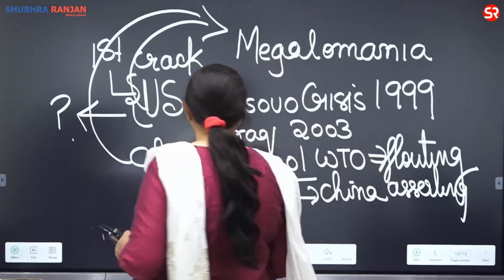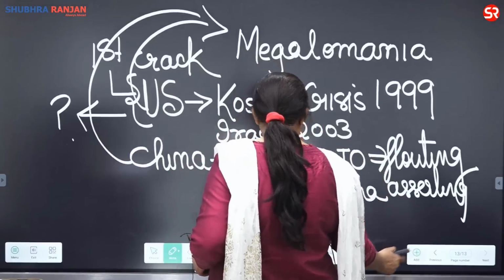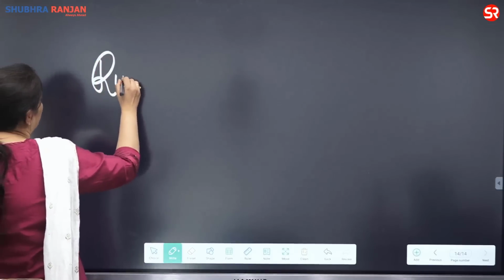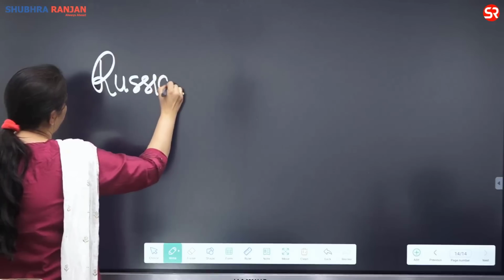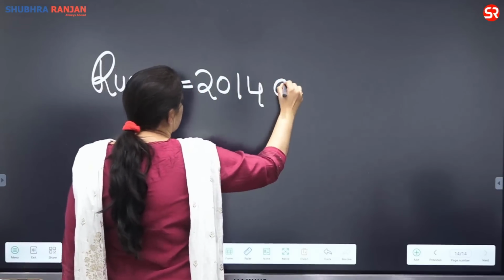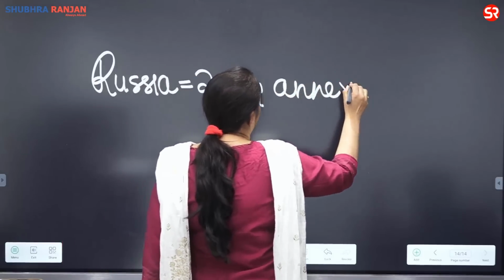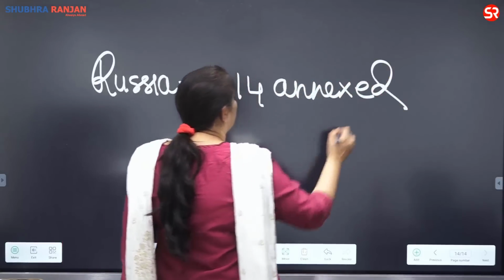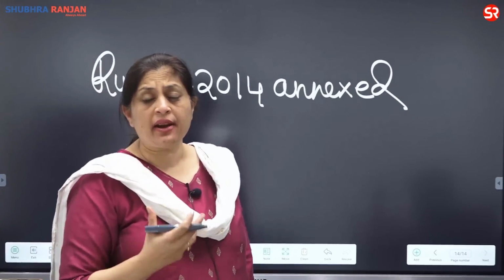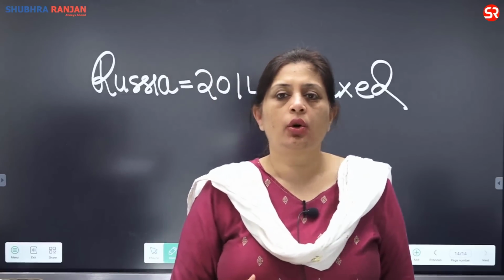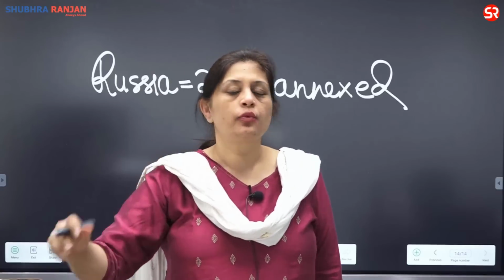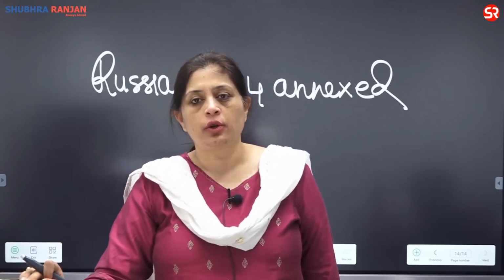Then we see Russia, in 2014, annexed Crimea. This is, you can say, a flagrant violation of the international norms of the post-Second World War and post-Cold War period.